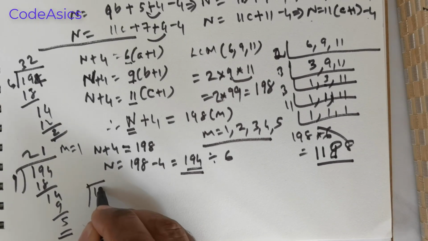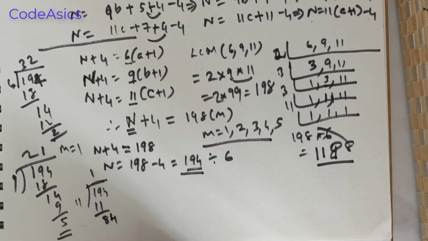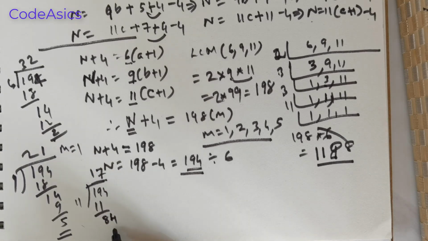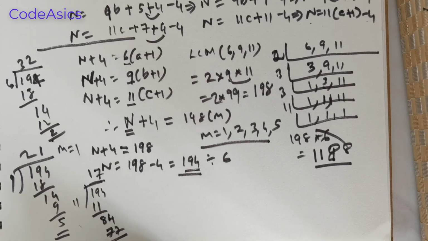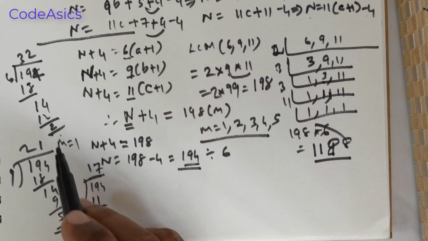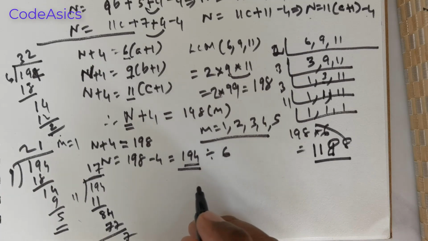And 194 divided by 11, 11 ones are 11, and you get 84, right? So if I had to place 7 there, 77, and you subtract, you get 7. 7 is the remainder here. 7 is the remainder, 5 is the remainder, 2 is the remainder for the first number 194. So this is the first number.